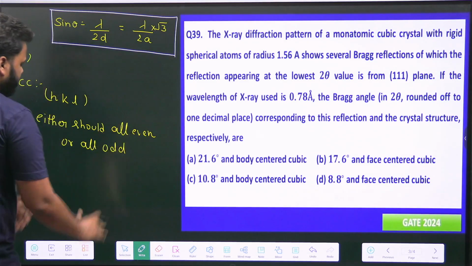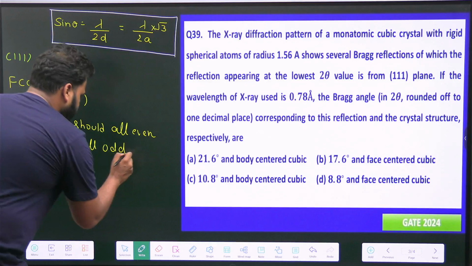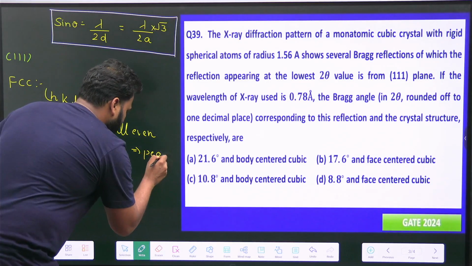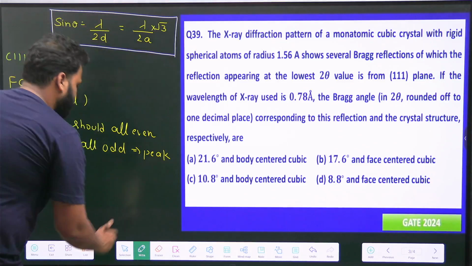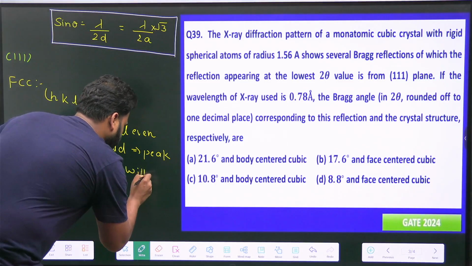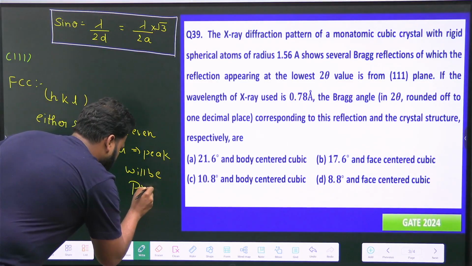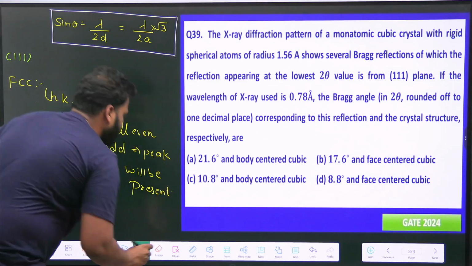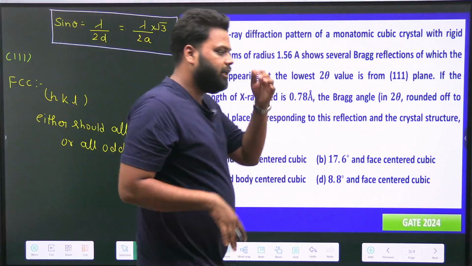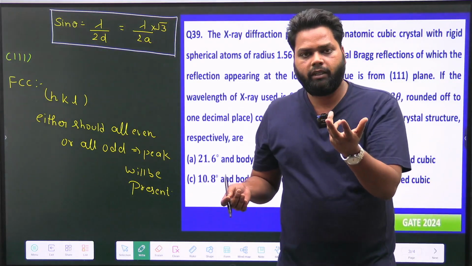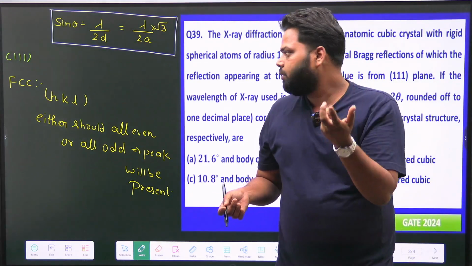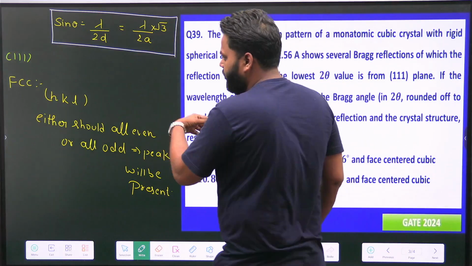If this condition is followed, then we can say that the peak will be present, that is, we can get an intensity maximum. And if there is a mixed HKL, meaning an even integer is there and an odd integer is also there, then the peak will be absent.